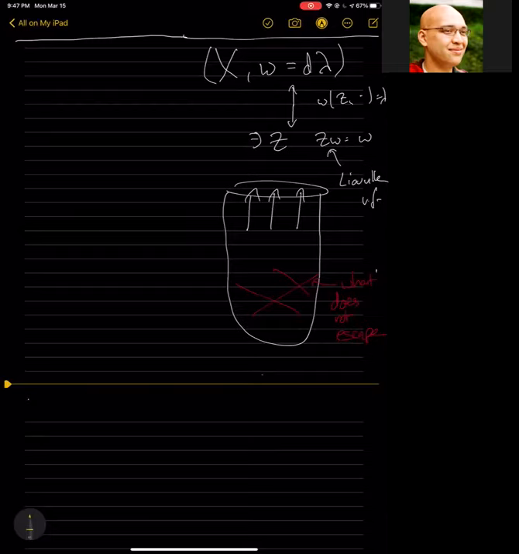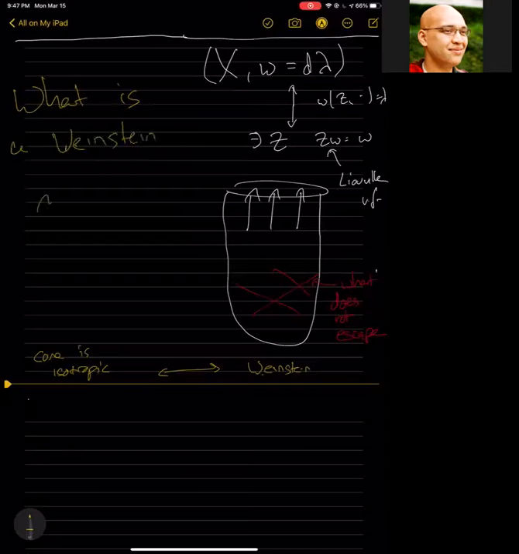Okay, so Weinstein means that the core is isotropic. It's difficult but not impossible to produce examples of Liouville manifolds in which the core is not isotropic. So this was the answer to the question: what is a Weinstein manifold?